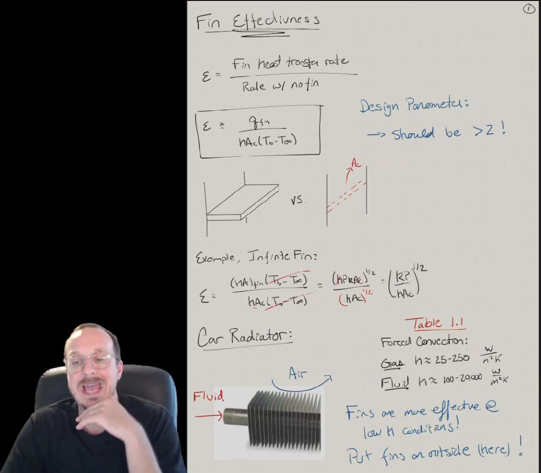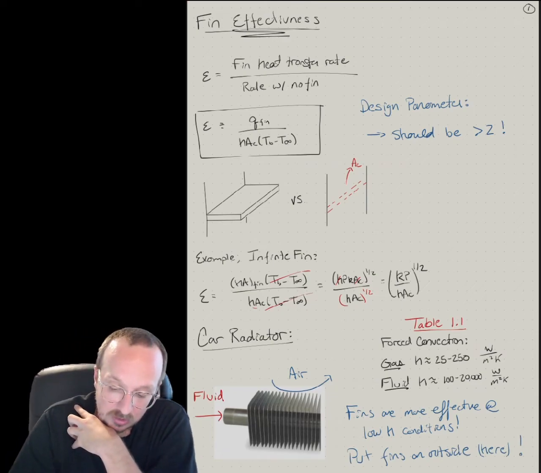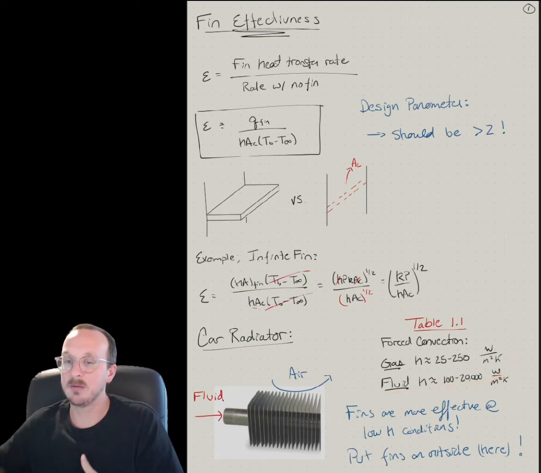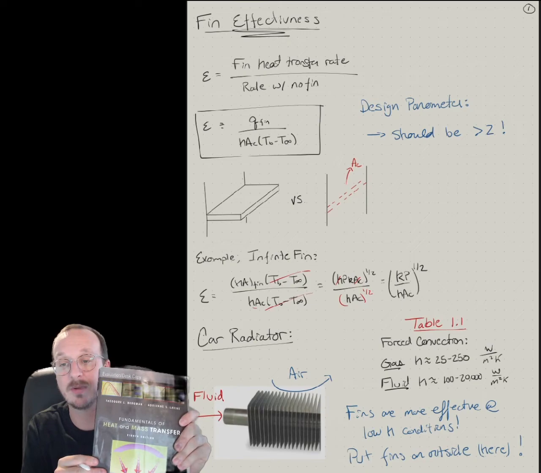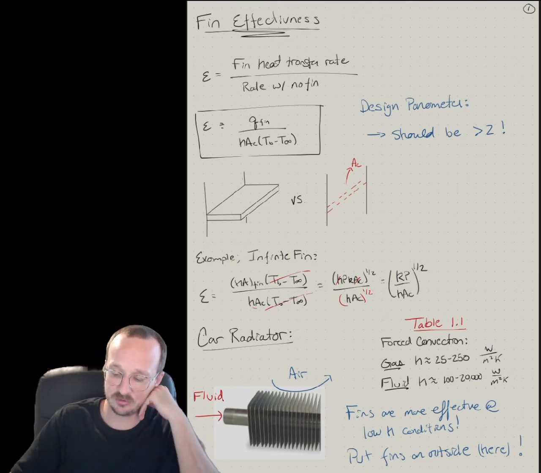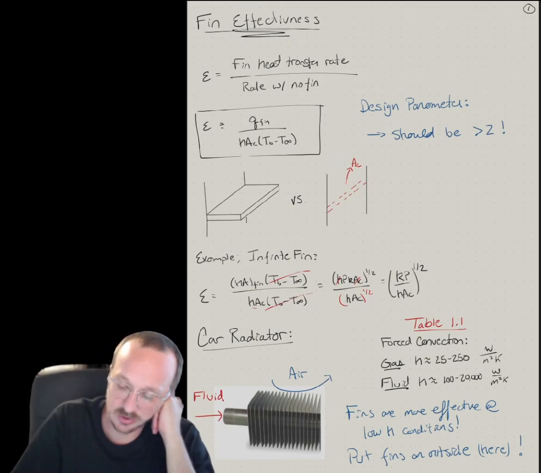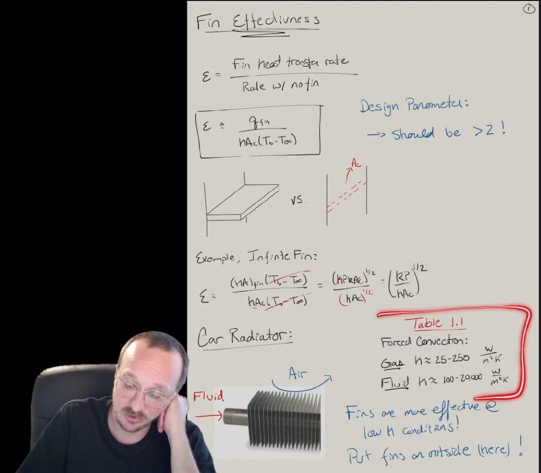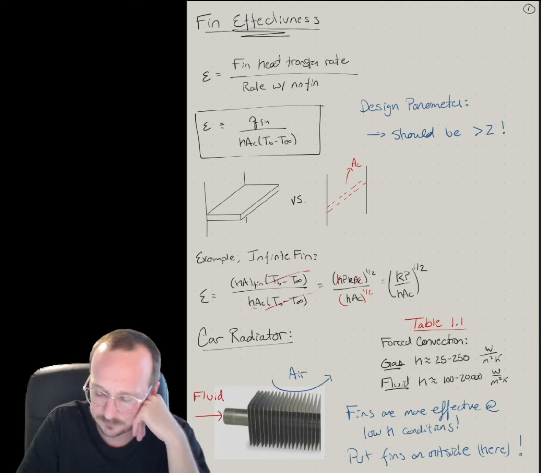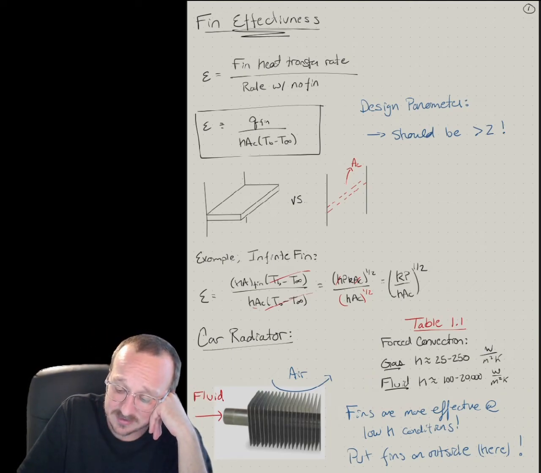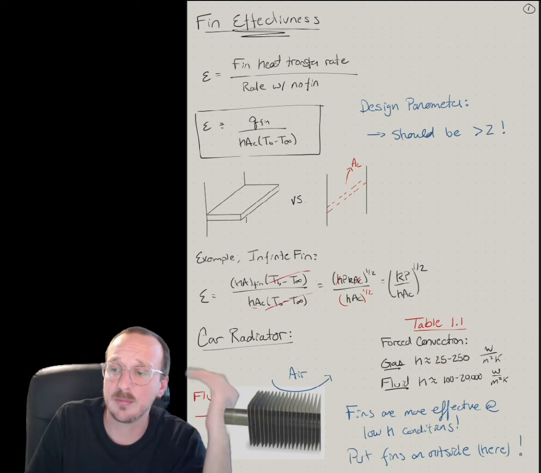The reason we're doing that is because you can look at table 1.1 in a book. We're using Fundamentals of Heat and Mass Transfer, Bergman and Lavine, the 8th edition. You can look up typical values of the convective heat transfer coefficient. For gas, it's 25 to 250 watts per meter squared Kelvin.